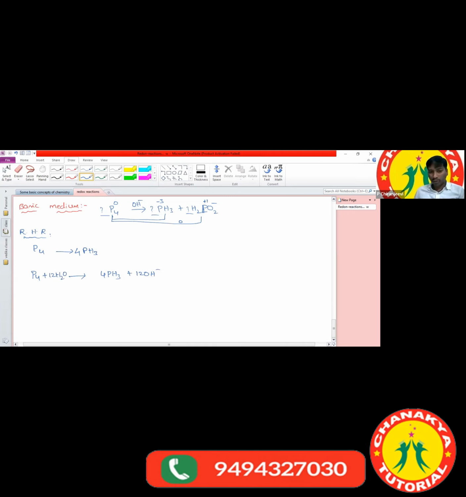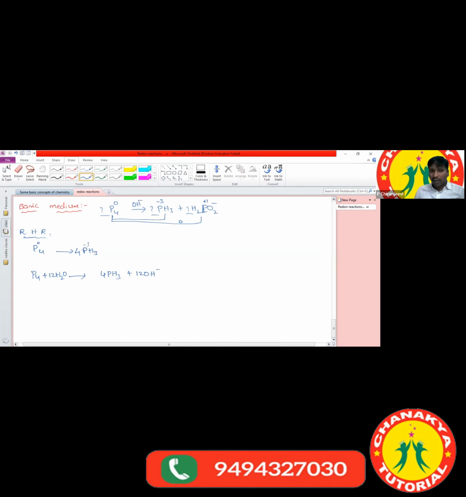Now once you check the number of oxygens and hydrogens, is everything balanced or not? Yes, sir. The charge is not balanced. How can we balance the charges? Here 0 to -3 means each phosphorus differs by 3 electrons.